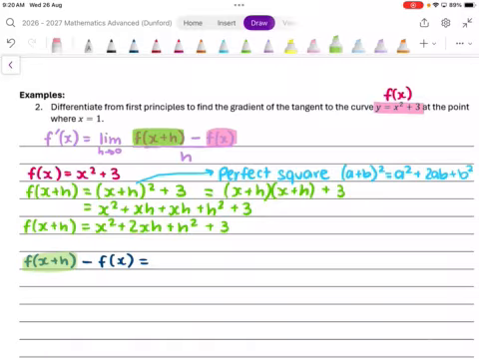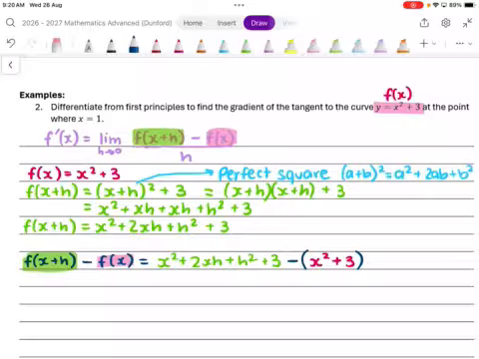So we know that f of x plus h, we have found to be x squared plus 2xh plus h squared plus 3, minus, now I'm going to make sure I put my f of x in brackets because that minus is going to affect my x squared and my plus 3, meaning that this will equal x squared plus 2xh plus h squared plus 3 minus x squared minus 3.